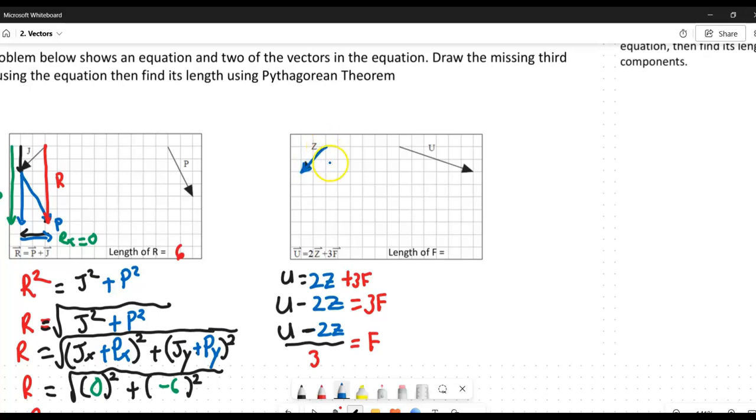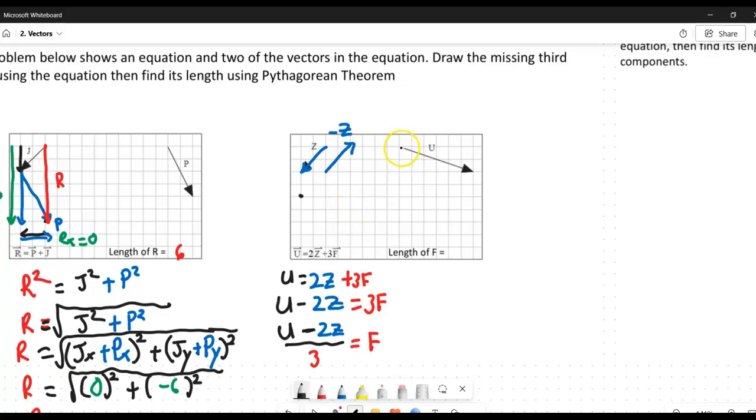Let's reverse 1z. So now that is -z. Now we're going to have to take 2 of those -z's and then add it to the u. I don't know how much room I'm going to need, but here we go. I'm going to take u and I'm just going to redraw it over here.